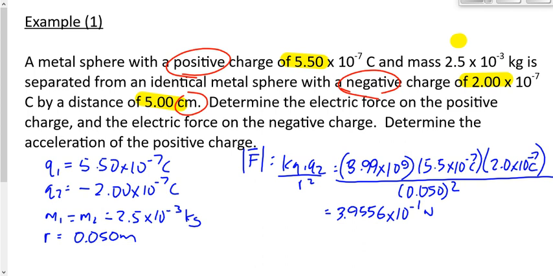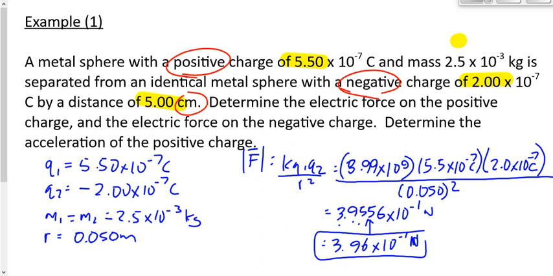Final answer should be 3 digits, so we're going to say 1, 2, 3, and then look at the 4th digit. If it's 5 or above, we round up. So it becomes 3.96 times 10 to the minus 1 newtons.